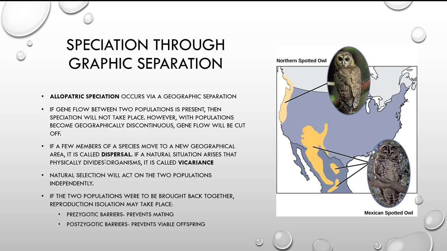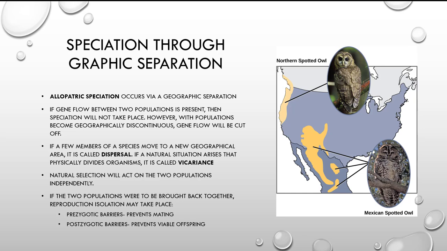Okay. So another example: we have the northern spotted owl here in the Pacific Northwest, and the Mexican spotted owl down in the American Southwest. These two inhabit different areas of North America and Central America.